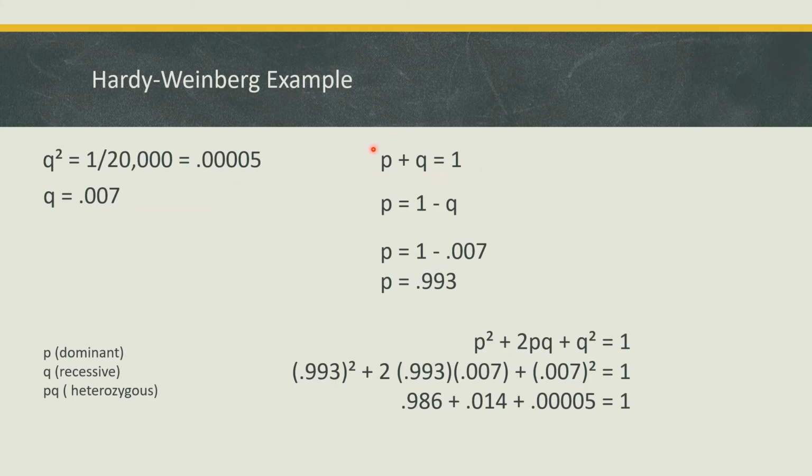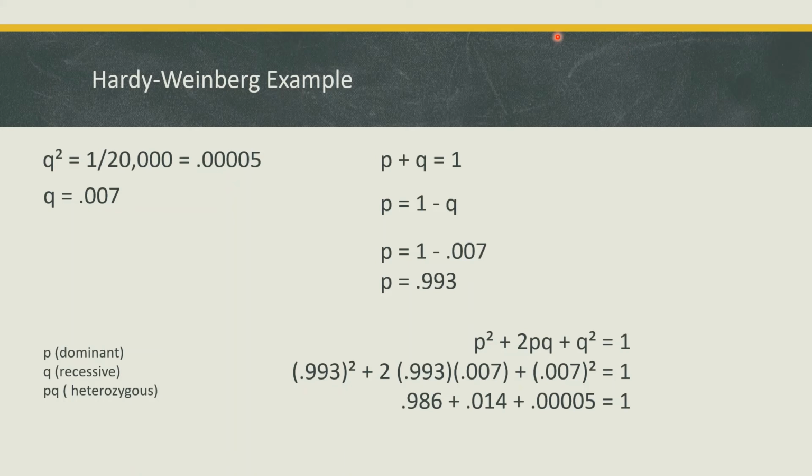We know Q and we need to find P, so let's get P on the other side by subtracting Q from both sides. We get P equals 1 minus Q. Filling in our value for Q, 0.007, 1 minus 0.007 is 0.993. So the frequency for the dominant allele, the one that does not confer albinism in the population, is 0.993, or about 99 out of 100 people.